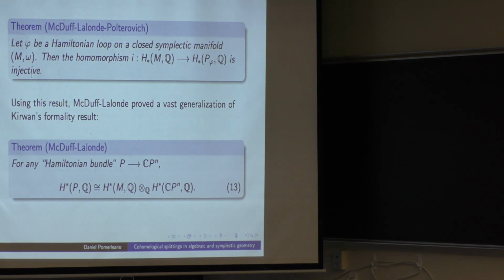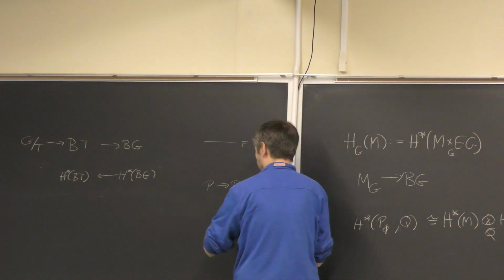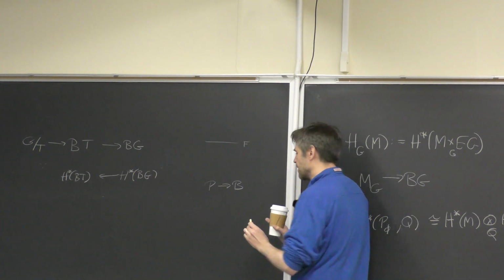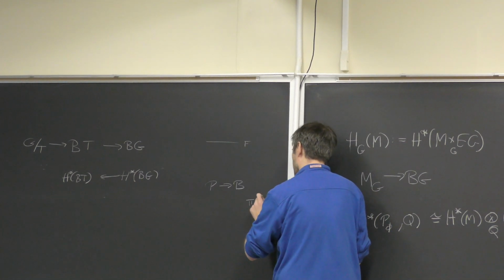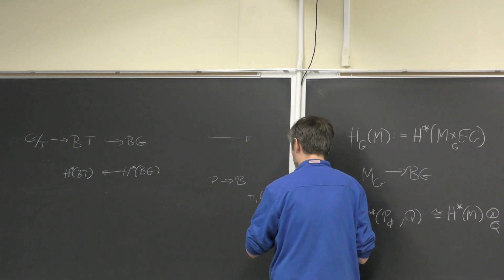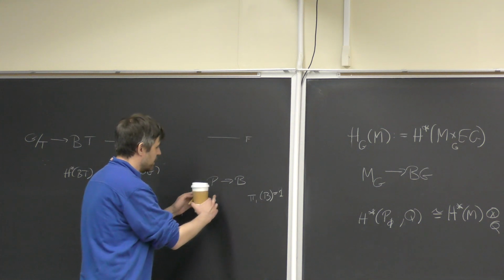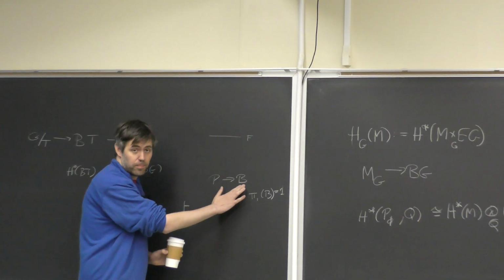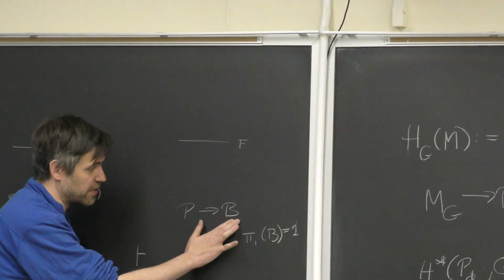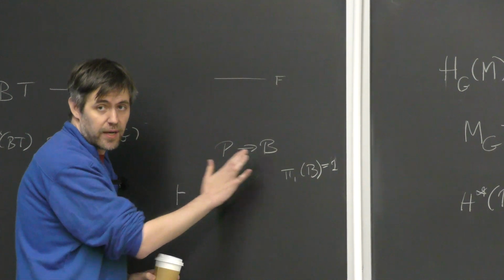So what is the analogous theorem in algebraic geometry? Take P to B, and let's say the coefficient system is trivial, so pi 1 of B acts as the identity. B is a projective smooth algebraic variety, and P is also a projective smooth algebraic variety.